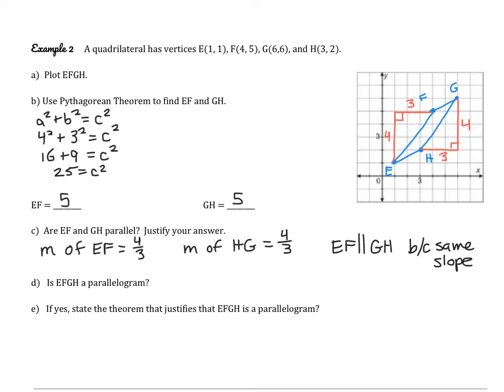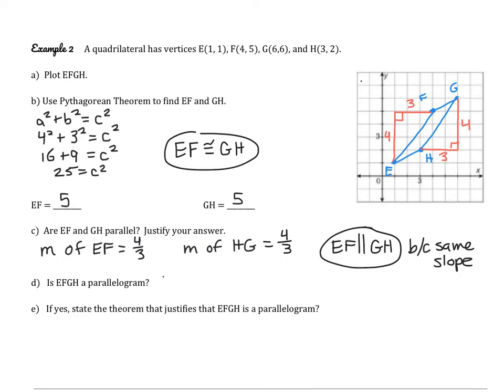So we've now concluded two things. We know that the two segments are congruent, and we know that the two segments are parallel. And so that was one of the theorems that we learned on the last slide.